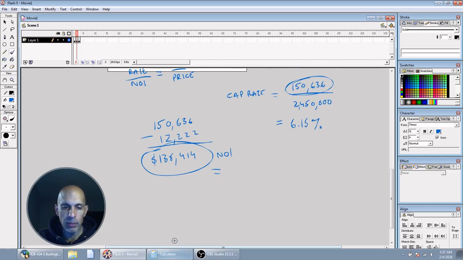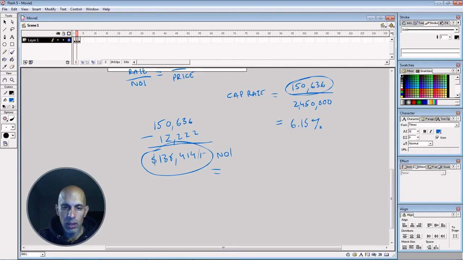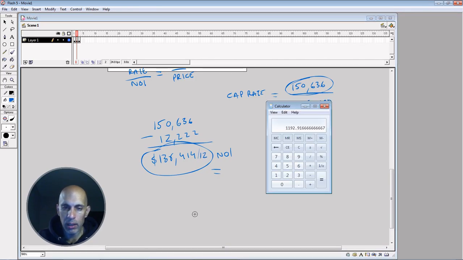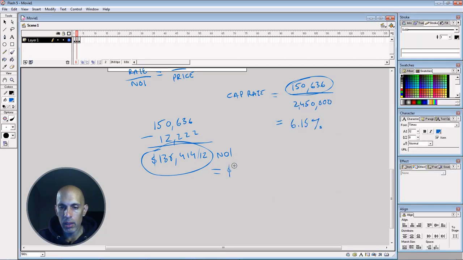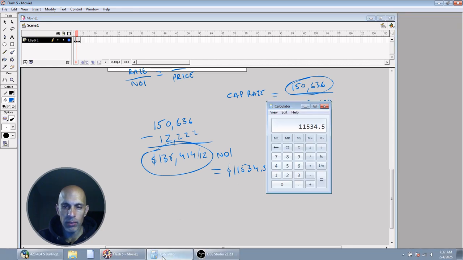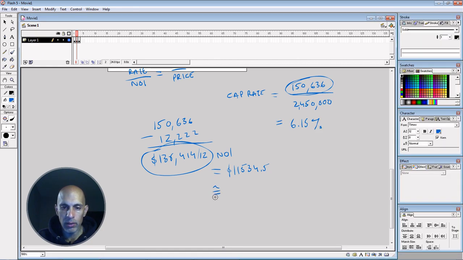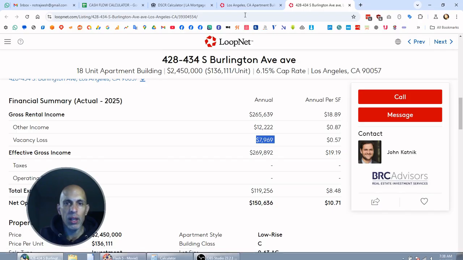I'm going to divide this by 12 to get my monthly. 138,414 divided by 12 is 11,534.5, I believe. Yep, I'm going to round this to 11,535 per month. And now we can plug it into our calculator.